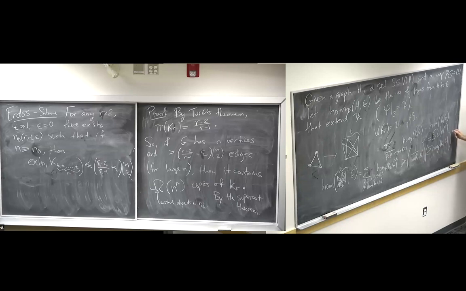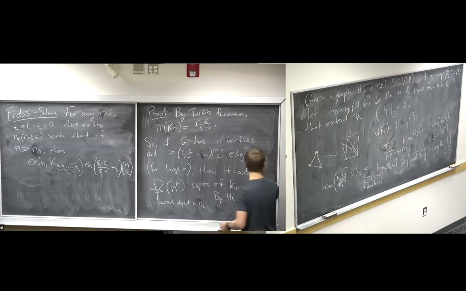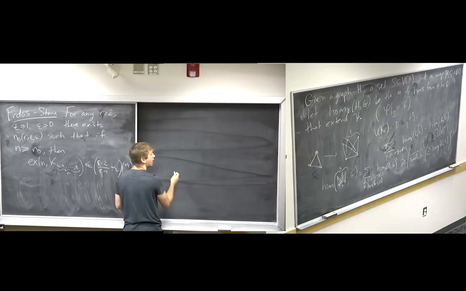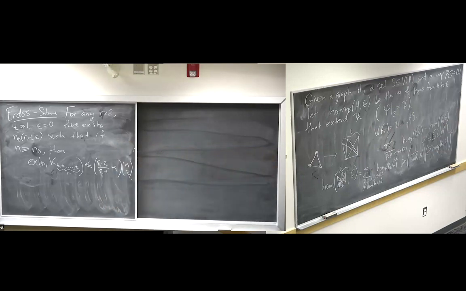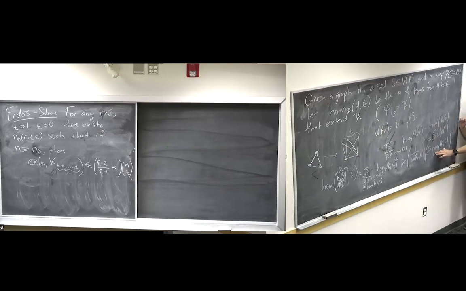And then you take that whole sum to the t. And this whole sum is just what we had before. It's just the number of homomorphisms of K_r to G. So that's like n to the r. This thing here, the number of homomorphisms of K_{r-1} to G, couldn't be bigger than n to the r minus 1. Even if G is a clique, this is going to be like n to the r minus 1.